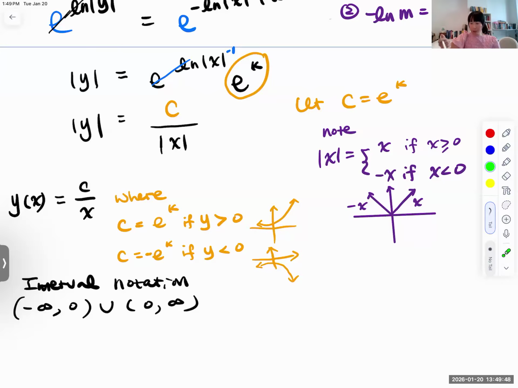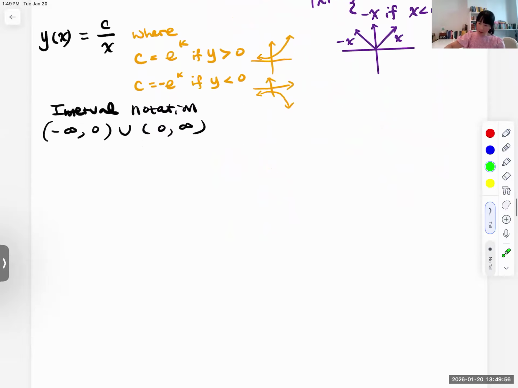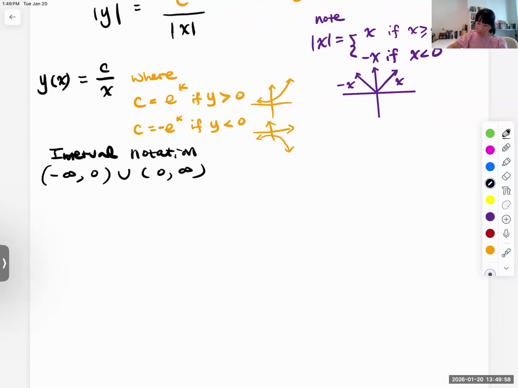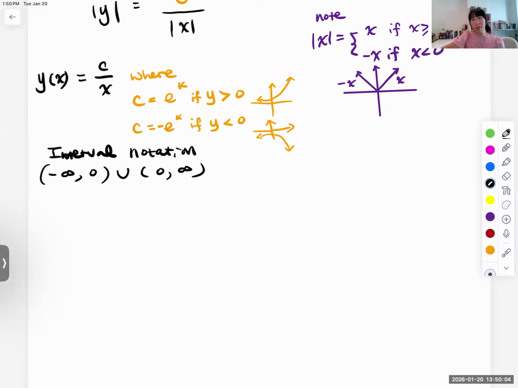Okay, let's check the answer because it's a little bit complicated. If we have a solution, every time we can check the answer, right? So let's see. Check the solution. y equal to c over x.